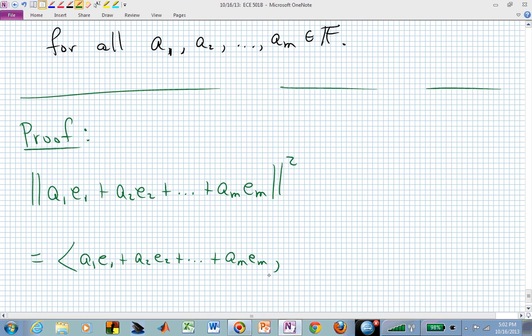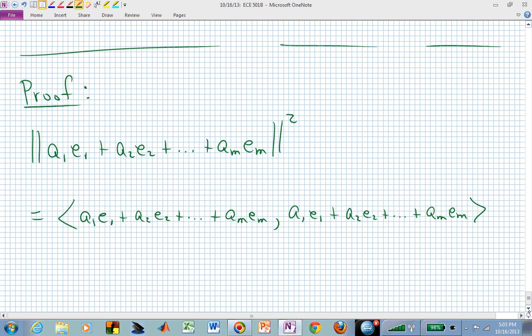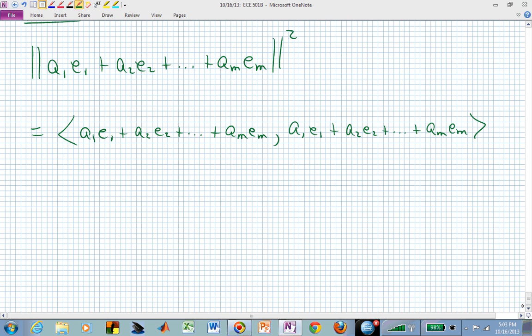That's the first slot. That's the vector in the first slot of the inner product. That's okay, right? And now I just have to put the same vector into the second slot. Here's where it gets a little bit interesting.